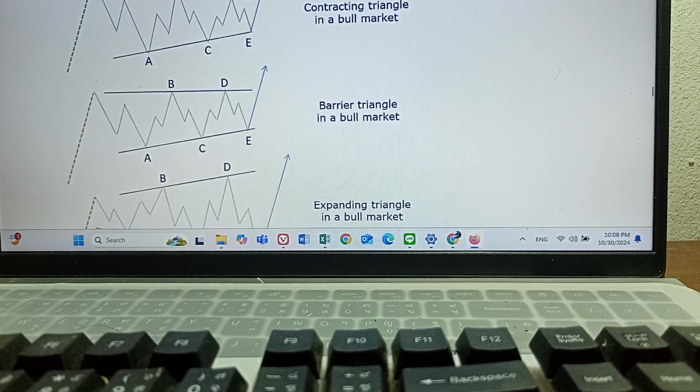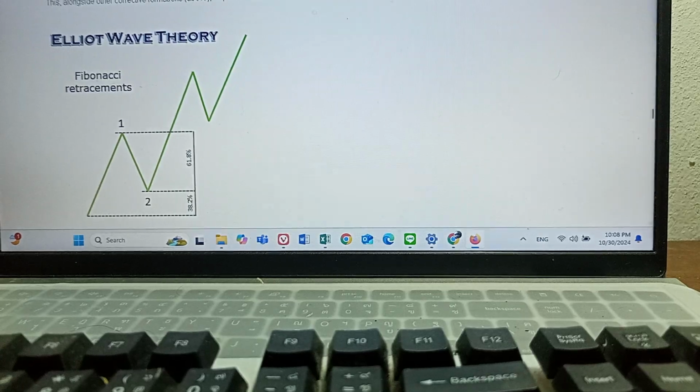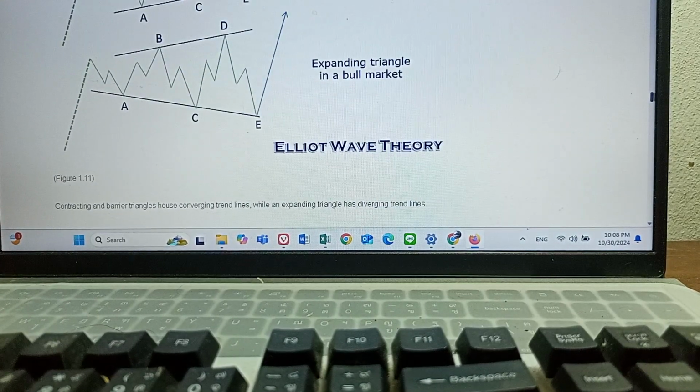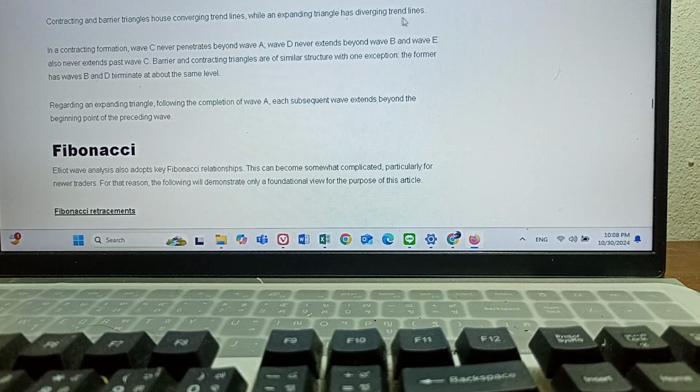Converging trend line and diverging trend line.